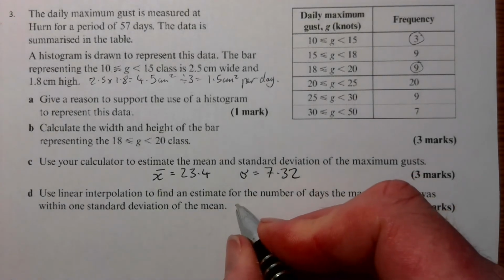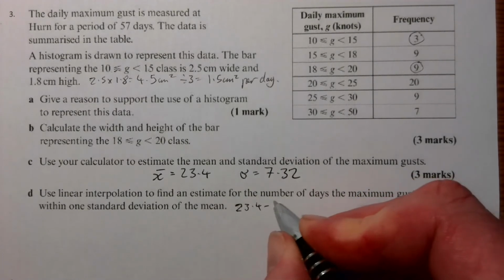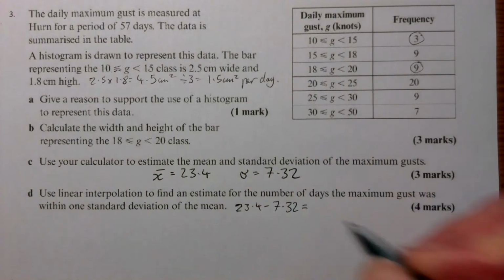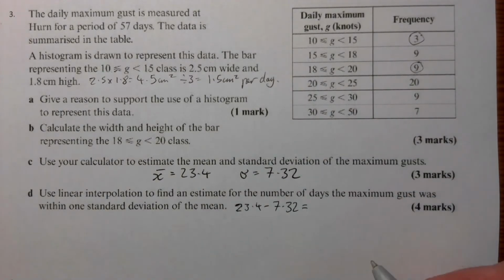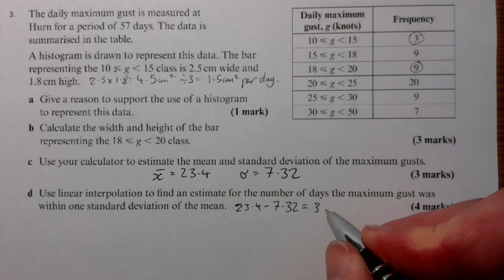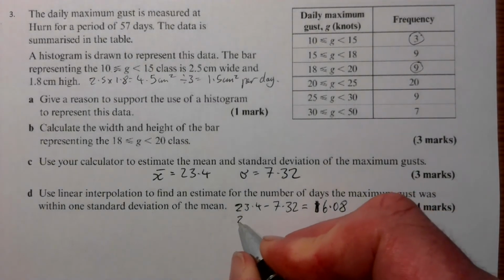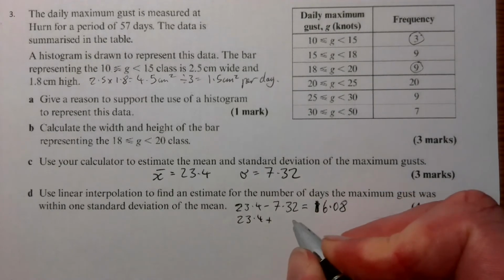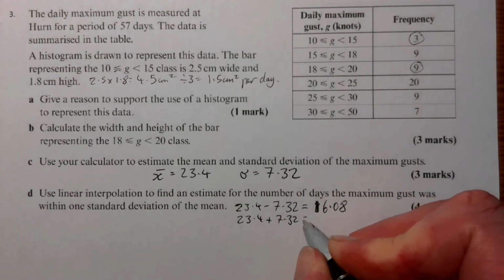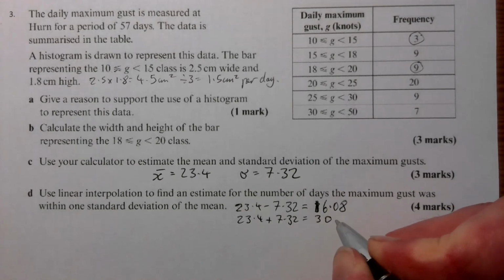So if we do 23.4 minus 7.32, we get 30. No, we don't. We get 16.08. I was reading the other one. And if we add 7.32, we get 30.72.